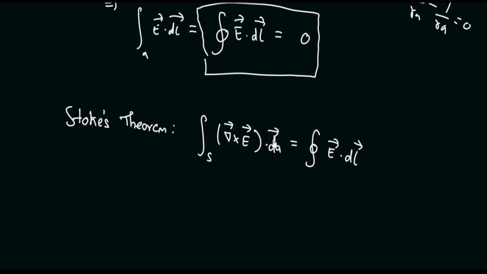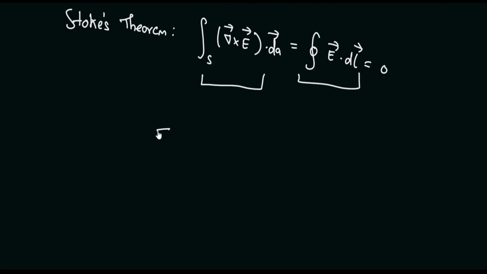Since the closed line integral is equal to 0, this integral will also be equal to 0, and we know that when an integral is equal to 0, then its integrand must also be equal to 0. Therefore, we have del cross E is equal to 0, which is nothing but the curl of the electric field. Therefore, we can say that the curl of the electric field is equal to 0.